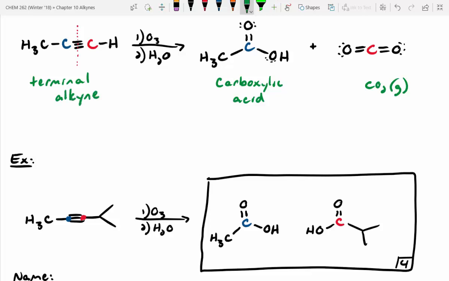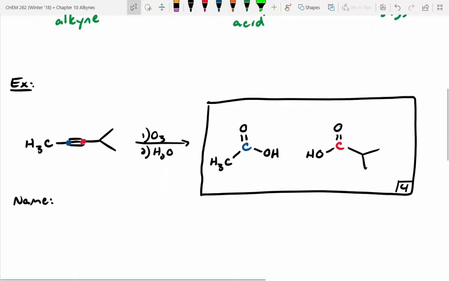Terminal alkynes will give you CO2 because they've got that carbon on the end with the proton. This one is an internal alkyne. Internal alkynes mean that the triple bond is between two carbon groups, and that means you'll get two carboxylic acids. And if that alkyne isn't symmetric, you'll get two different carboxylic acids.